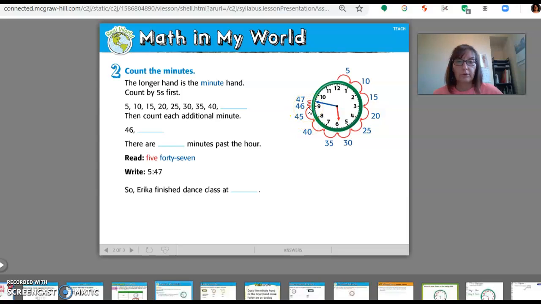Now, we're not quite to where that hand is pointing. So we're going to have to go 2 more little 1s because each little tick mark on the clock represents 1 minute. 46, 47. So here, you're going to write the number 45, and down here, 47.